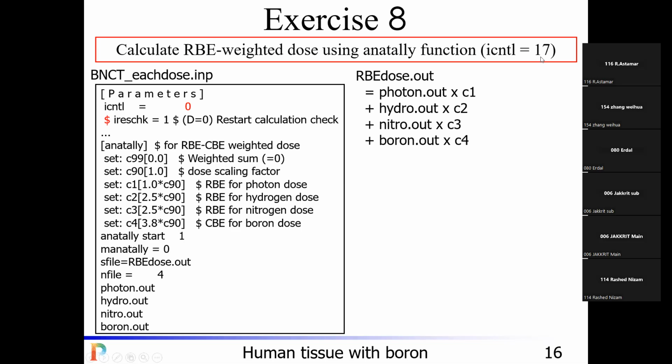So with this mode, FITS does not transport any particle. It simply reads the tally data, multiplies by these numbers, combines the data, and outputs the weighted data to this file.